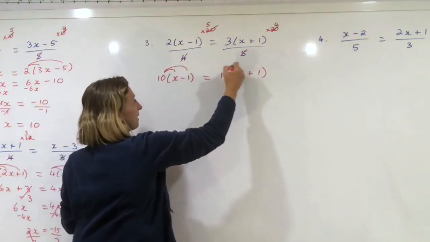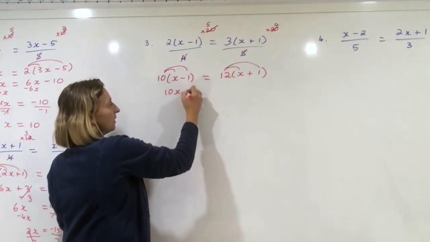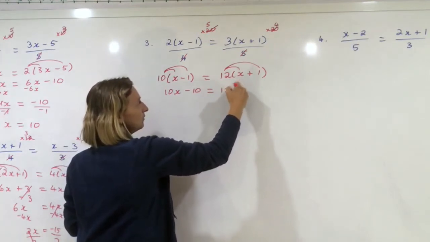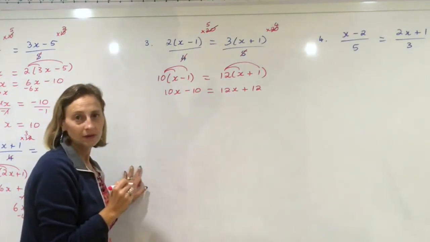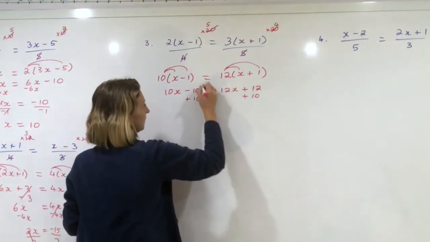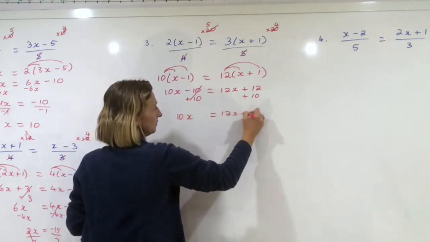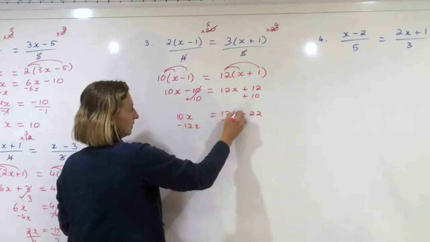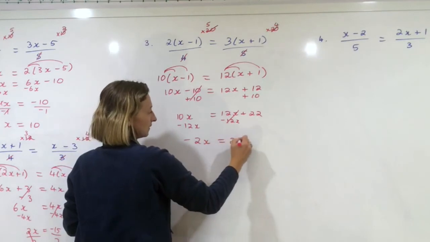And now we need to expand the brackets. 10 times x is 10x. 10 times minus 1 is minus 10. 12 times x is 12x. And 12 times 1 is 12. And now these ones should start to get easier. 10x equals 12x plus 22 minus 12x. 10x minus 12x is minus 2x.